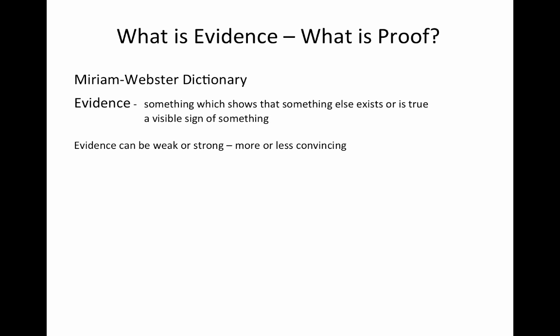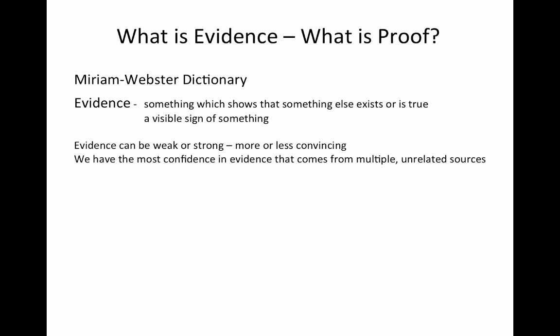Or maybe you could have a neighbor who saw the person through the window, looked like the defendant, and saw them pull the trigger. That would be much stronger evidence. So we've got this range of evidence. Both of these are signs of something that you actually can't see because it happened in the past. But one of them is really more convincing, having actually seen the person versus just having heard a voice. Both evidence, but not as strong.